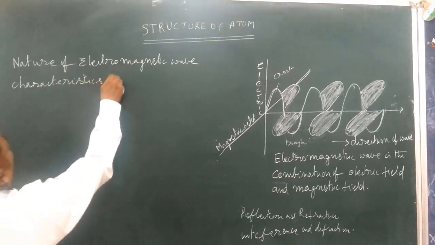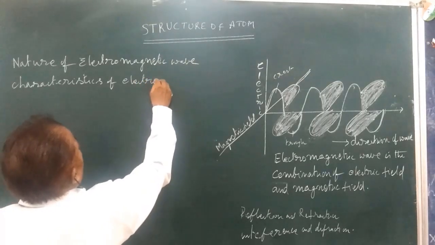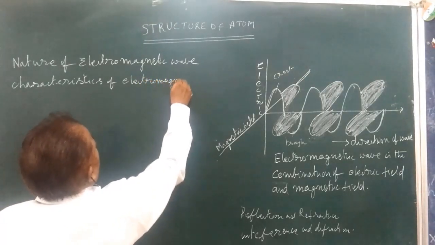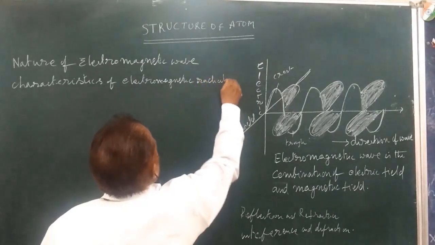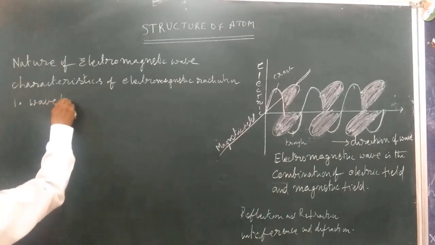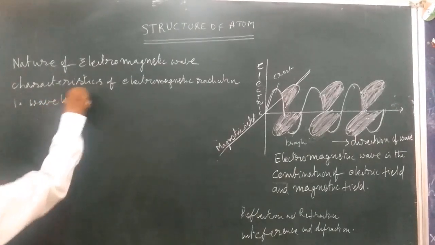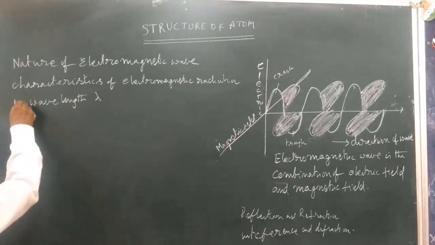Characteristics of electromagnetic radiation, that is electromagnetic wave. 1. Wavelength, denoted by lambda.